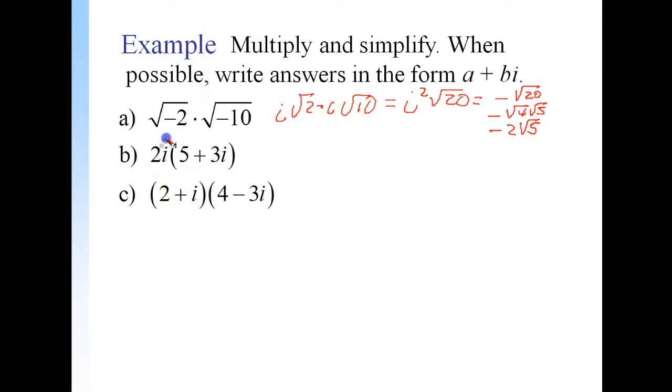Okay, let's do the distribution rule here. This is going to be 10i, and this is going to be positive 6i squared. But we know i squared is a -1. So this would equal then 10i minus 6.